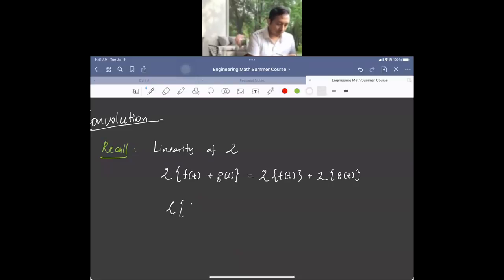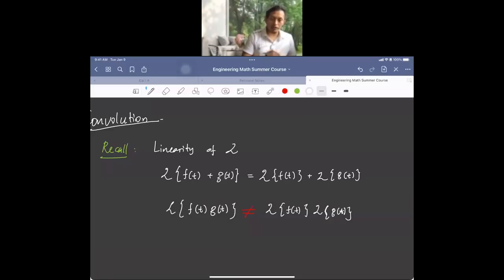But if we have the Laplace of the product, what will happen? This is not the same as Laplace of f of t and Laplace of g of t.